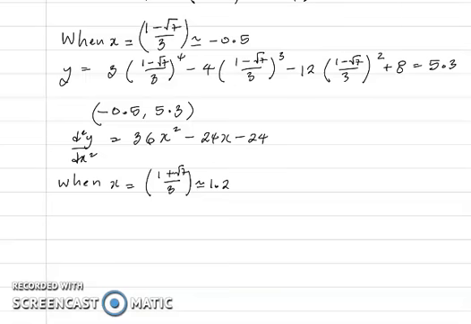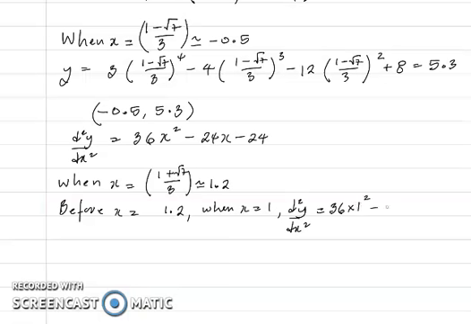I'm going to say before this point, before x is equal to 1.2, let us say maybe when x is equal to 1, d2y by dx squared would be equal to 36 times 1 squared minus 24 times 1 minus 24.